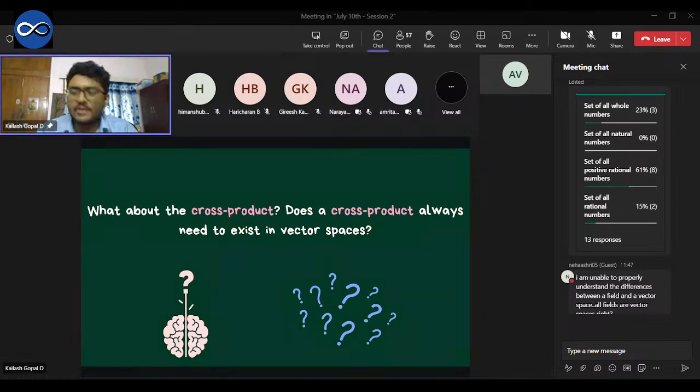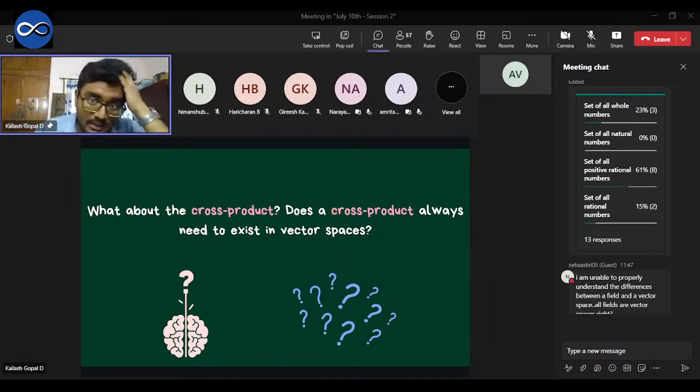But for some deeper reason, we haven't been able to define a cross product for an abstract vector space. For finite dimensional vector spaces, we can indeed define a cross product, I think.